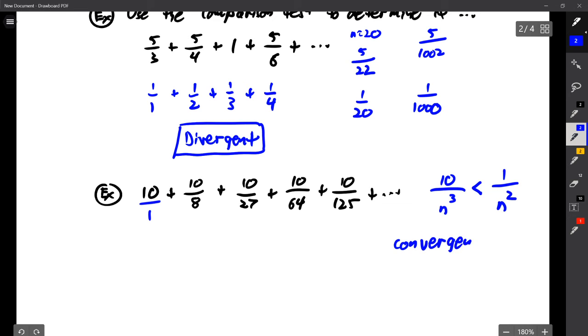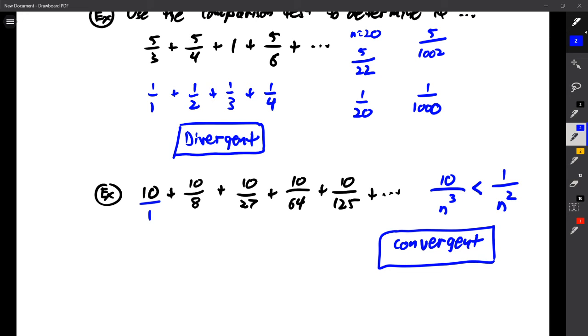So this would be another way to do the comparison test, is put it in terms of n and compare, right? Let's just say you went out to the 100th term. So n equals 100, 1 over 100 cubed, that's 1 times 10 to the negative 5th.